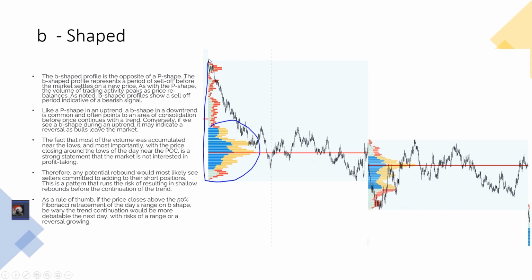So in this case, if you grab from here to here, and let's say we close below it, as we did here, 50% would be somewhere around here, and we close below it, there's a higher chance that you're going to continue down once you reject the POC. You're going to go to the next level, probably test the low of the previous day, as they did here, and they supported it multiple times. And once you break that, it gives you the next set of targets to the bottom. Okay.